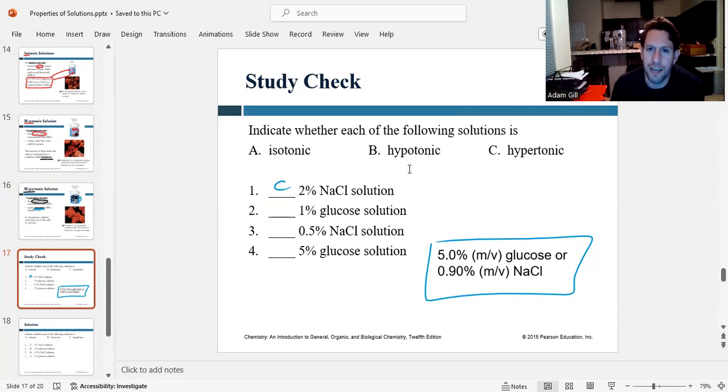And so this would be a hypotonic solution. 0.5% sodium chloride is less than 0.9, so this would be hypotonic. And a 5% glucose solution is the exact same as what's inside the blood cell, and so this would be isotonic.